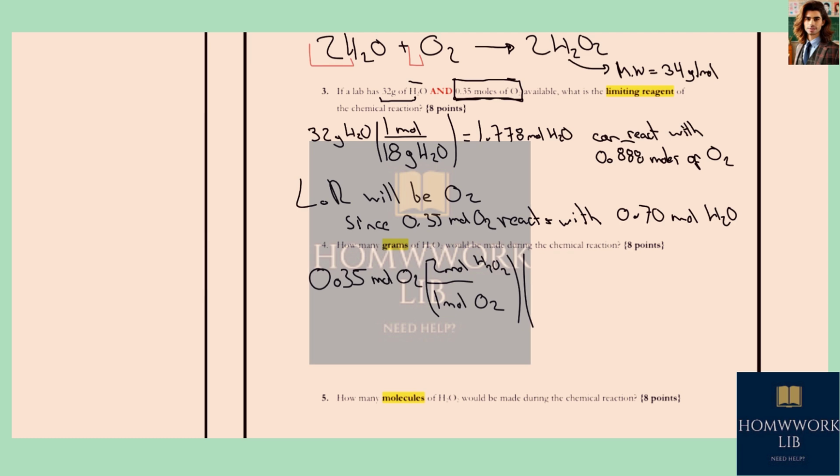This is going to be the one of water plus the 16 grams corresponding for each of the oxygens. So 34 grams of hydrogen peroxide correspond to 1 mole of hydrogen peroxide.